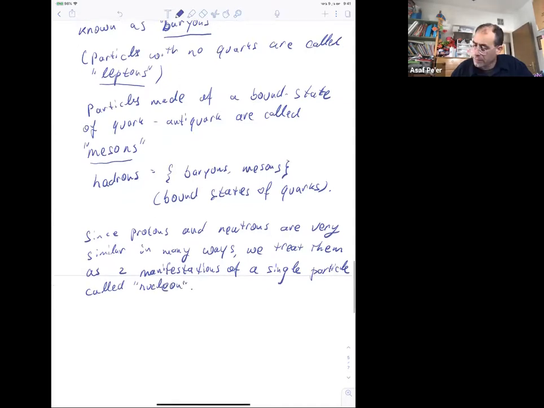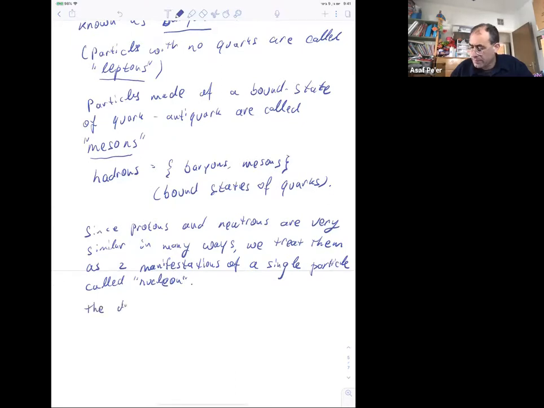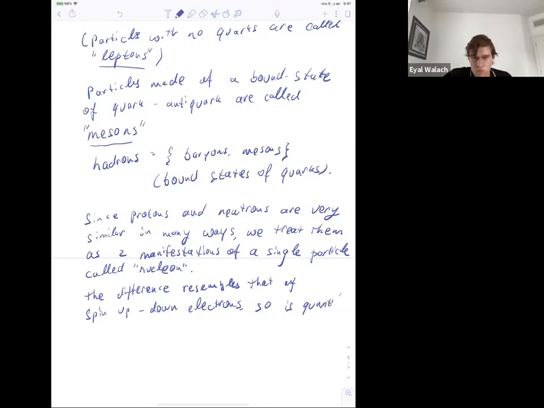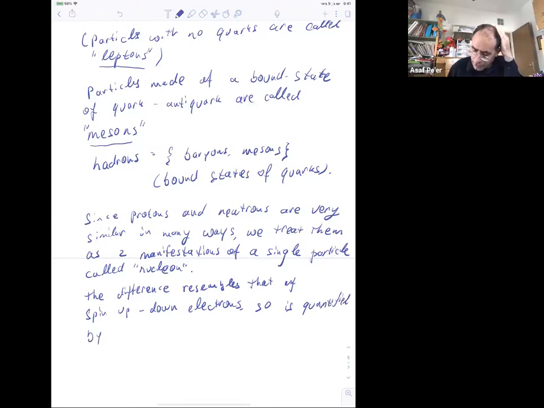And the difference resembles that of spin up and spin down electrons, and is quantified by the term isospin.